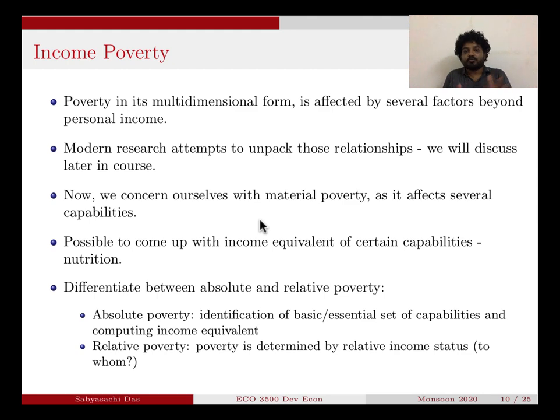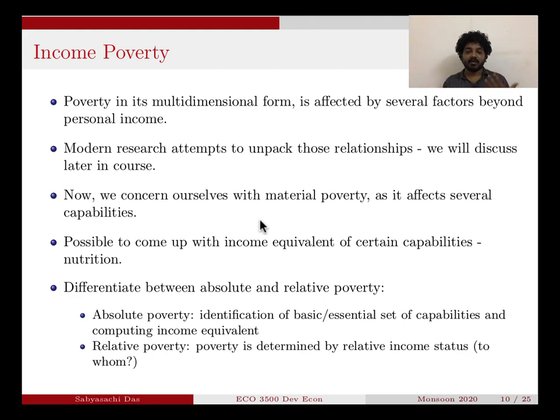Now, I want to talk more about income poverty and its measurement. But before I go to the measurement, I thought it would be important to talk about the historical evolution of the notion of poverty, how societal attitude towards poverty has changed.